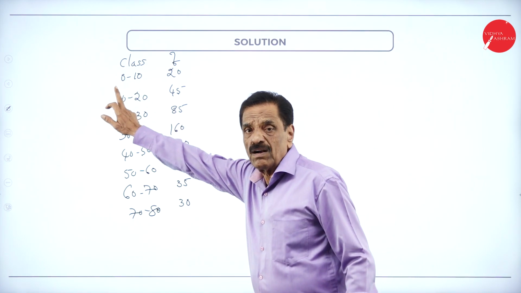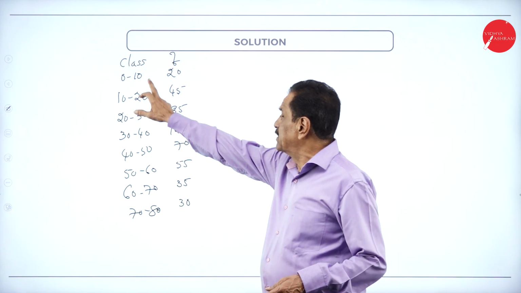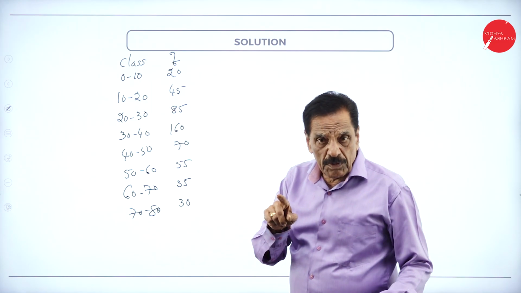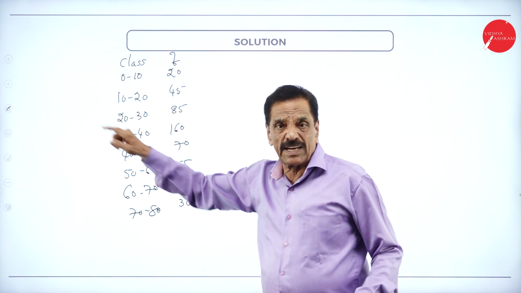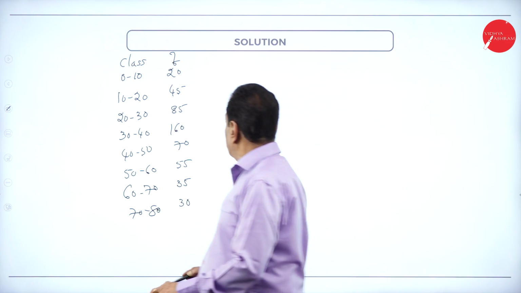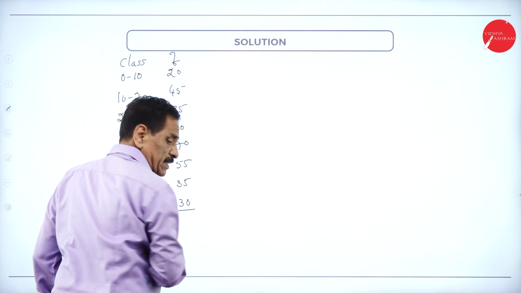So 0 is called the lower limit, L1 we say. 10 is called L2, the upper limit. The upper limit of the first group becomes the lower limit for the second group. So the first step is we'll add the frequency.